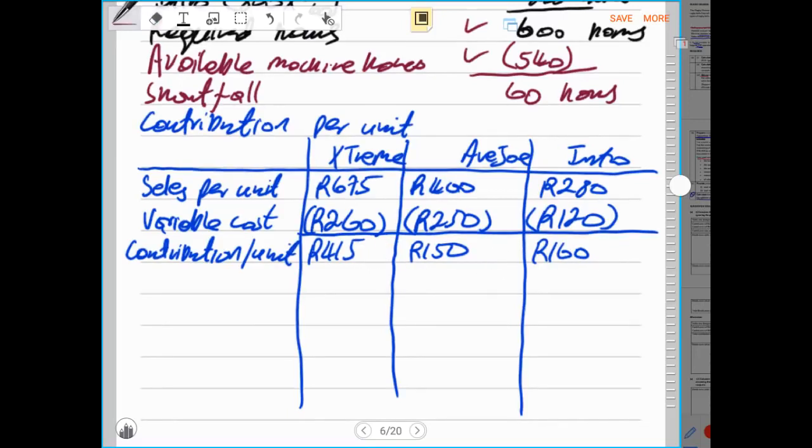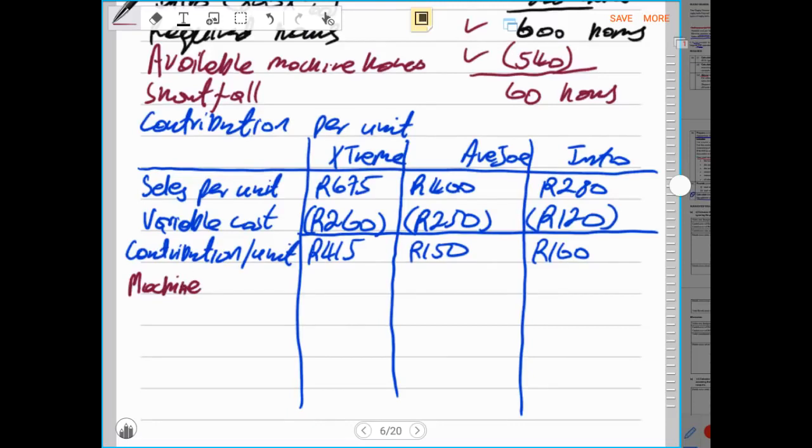So now we have to divide by the limiting factor per unit, which is machine hours per unit. We already know that the limiting factor is machine hours, so we divide by machine hours per unit.